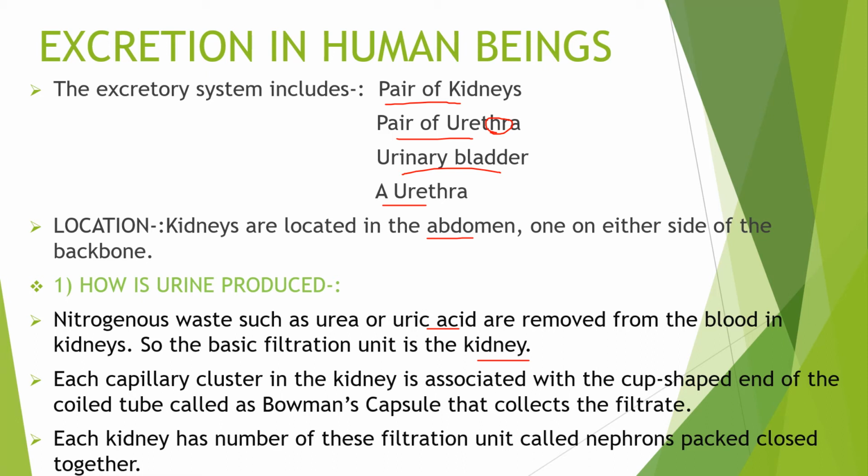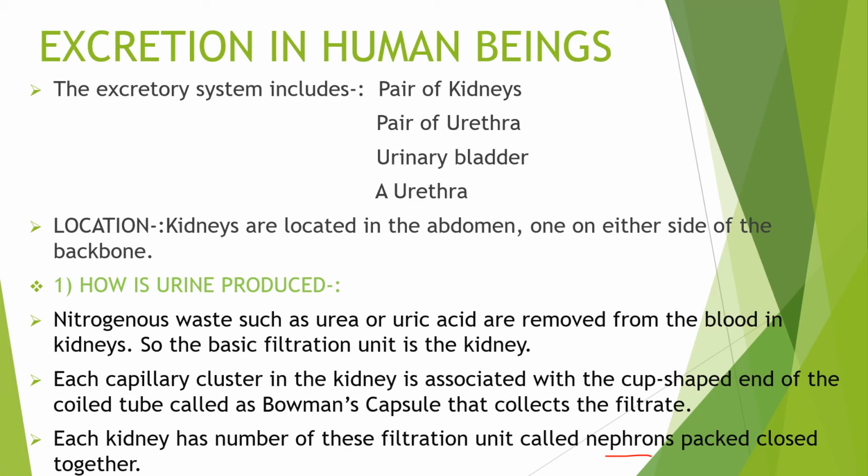Now each capillary cluster in the kidney is associated with the cup-shaped end of a coiled tube, known as Bowman's capsule, that collects the filtrate. Each kidney has a number of filtration units called nephrons packed close together.